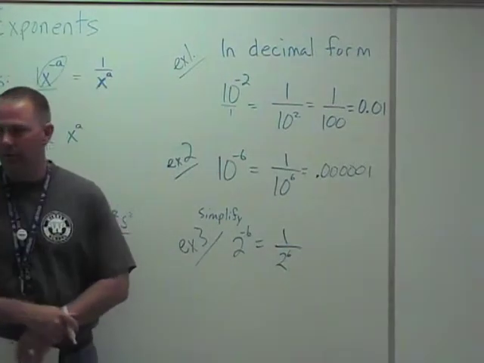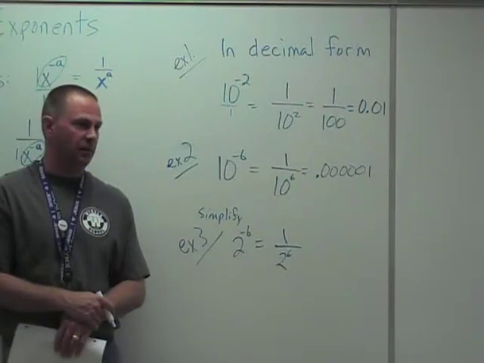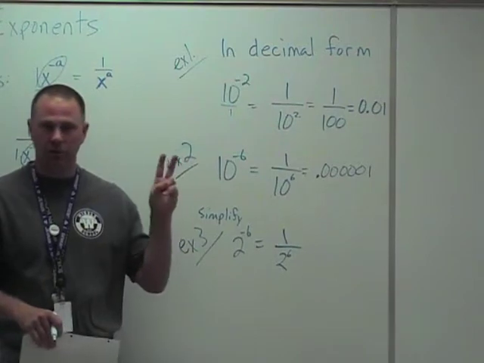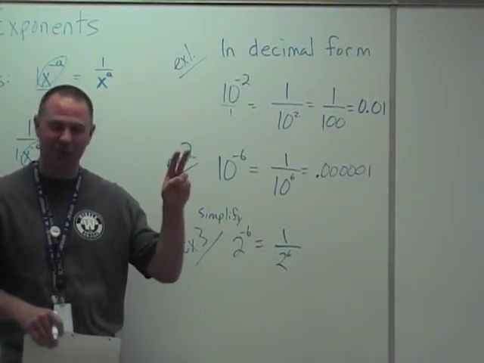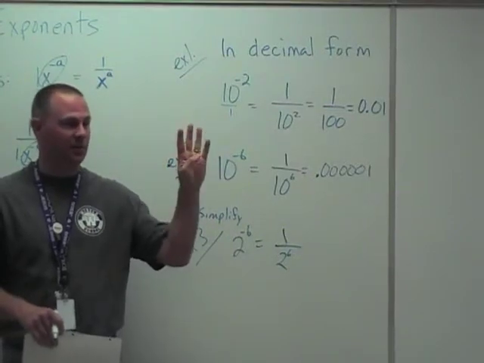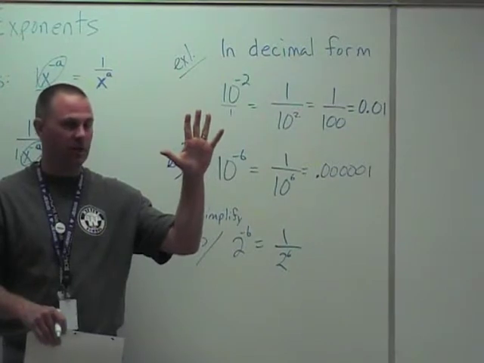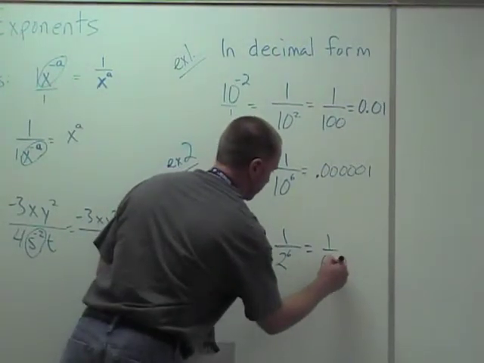Now, you get 0 points for this, because you can tell me what 2 to the 6th is. That becomes 2 times 2, 4, times 2 is 8, times 2, 16, times 2, 32, times 2, 64. 1 over 64.